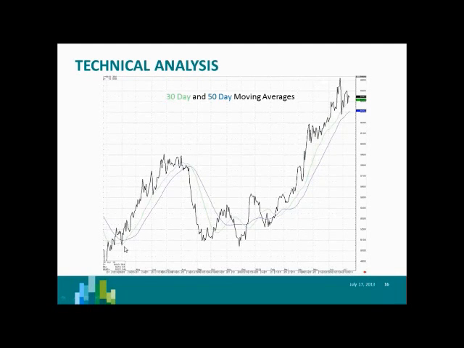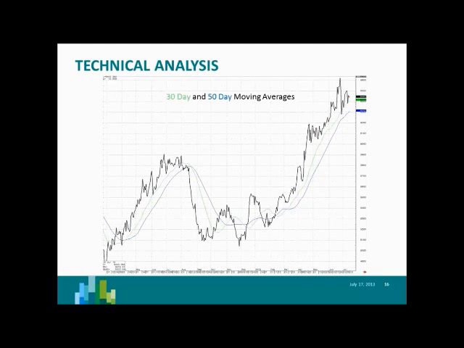And as with any trend following using moving averages, if the shorter moving average crosses the longer moving average, depending on the direction, that can be bullish or bearish. So right here, the green, the 30-day moving average, crosses the 50-day moving average on the upside. And right about here, that would be a signal to get long the ratio in that market.